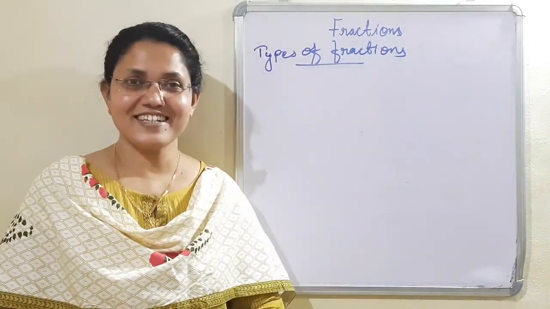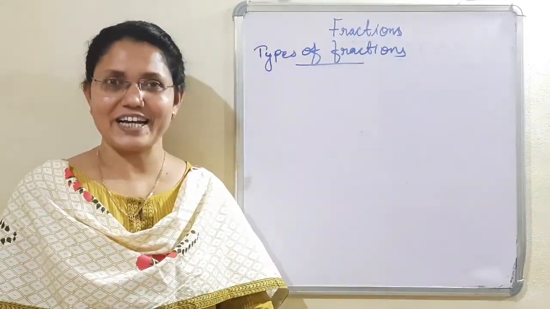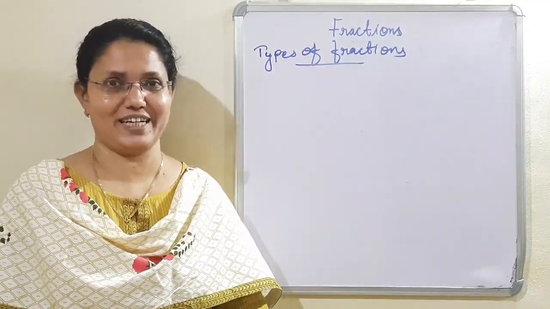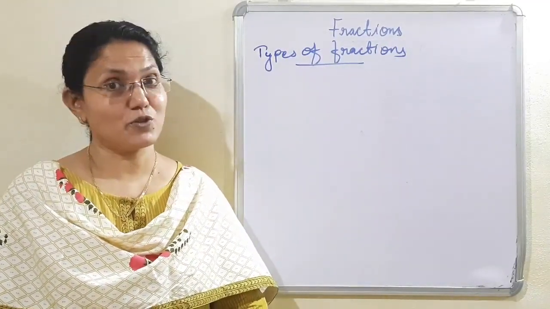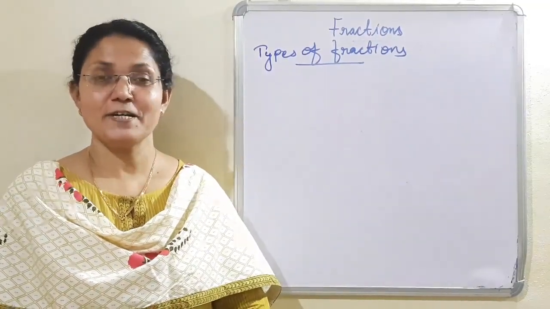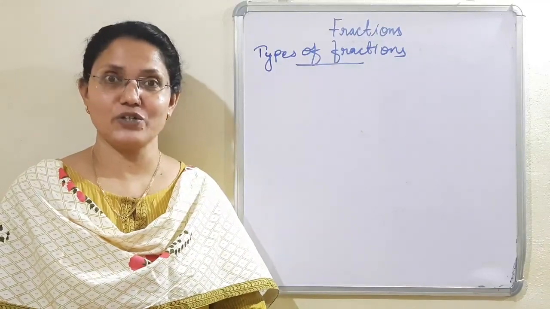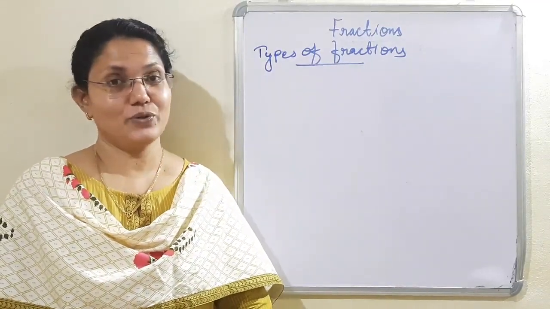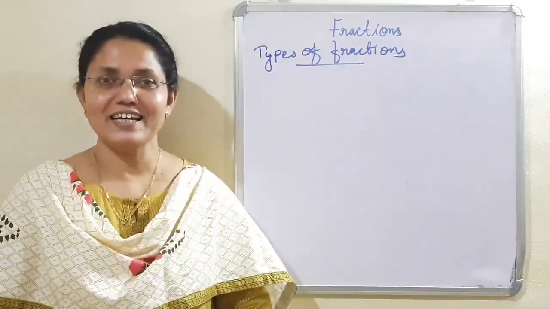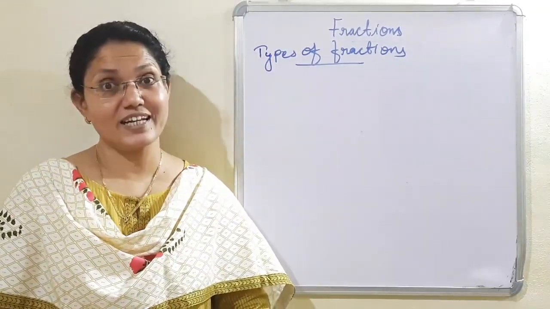Okay. Dear children, there are 4 types of fractions according to the size of its numerator or denominator. The 4 types of fractions are proper fraction, improper fraction, mixed fraction and unit fraction. Do you remember what is proper fraction? Proper fraction means numerator smaller than denominator.